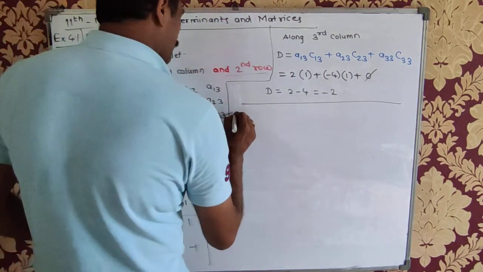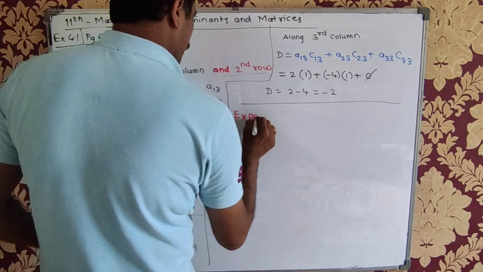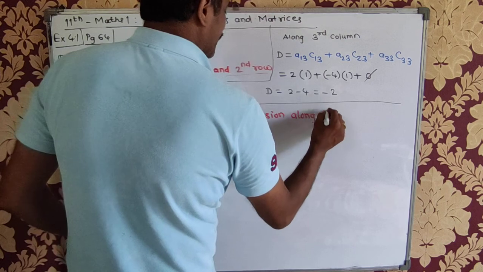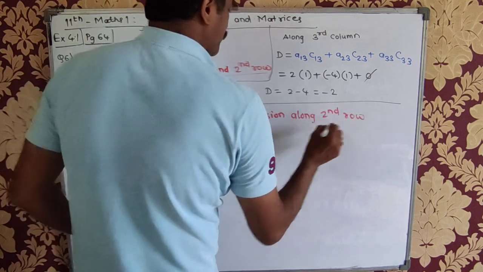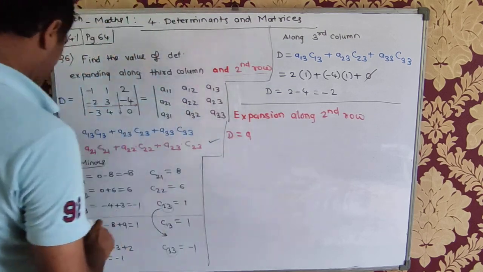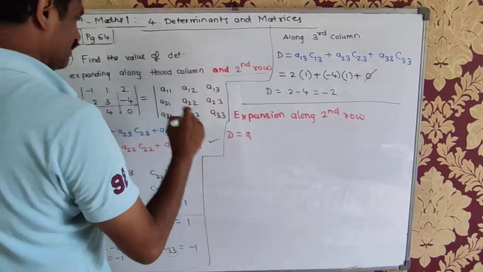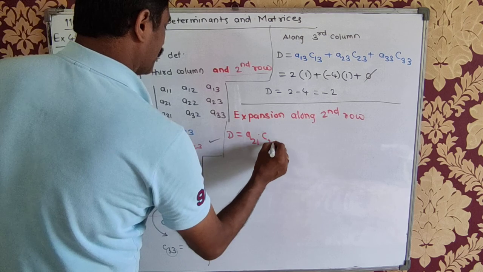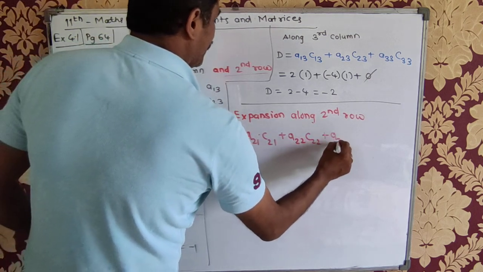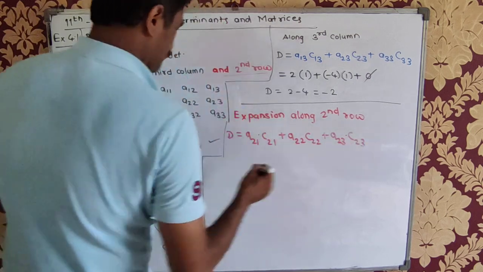Expansion along the second row. D is equal to minus A21 C21 plus A22 C22 plus A23 C23.